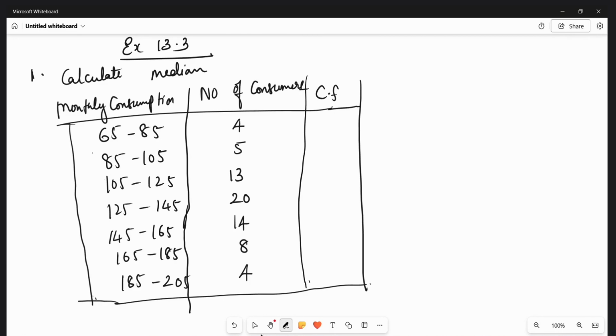So CF here, 4 is the first one. Second one will be 4 plus 5, 9. Do that for everything. Tell me which is the median class. 125 to 145, you will get, that is 20.